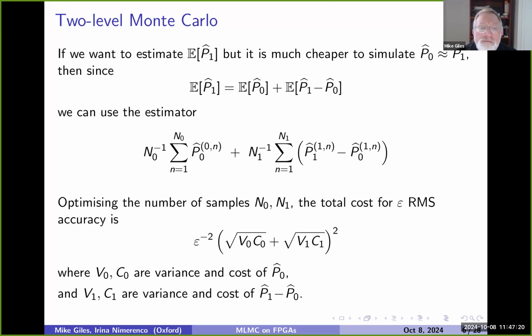And using that 1, n for both P1 and P0 emphasizes that we use the same random numbers for both. That's what keeps the two of them close together, so that the variance between them is very small.